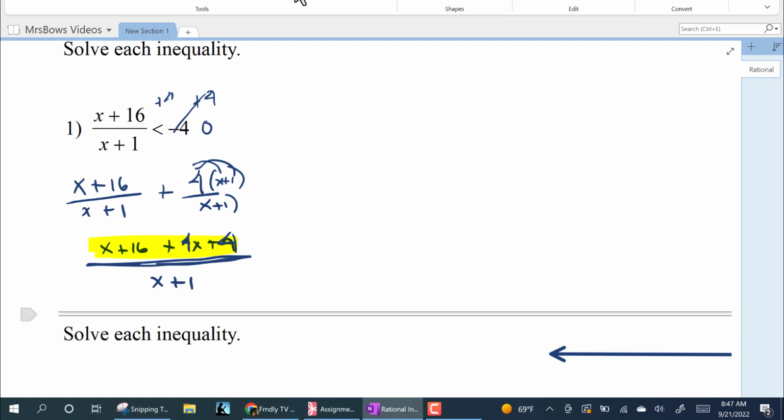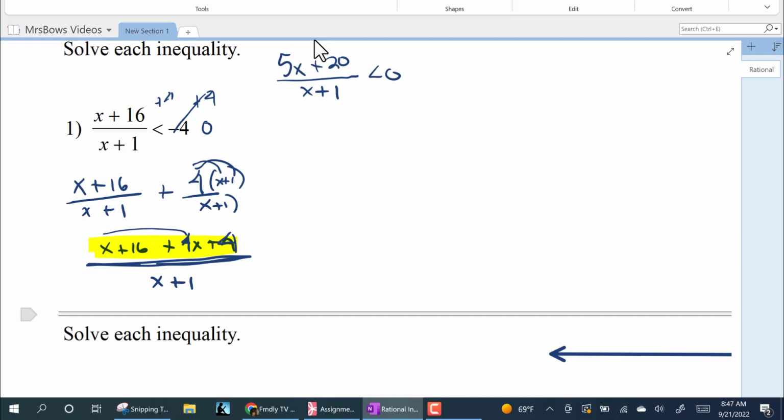Numerator, you can add like terms. So x and 4x, we have 5x, 16 and 4 is 20. And then x plus 1. And that is going to be less than 0.